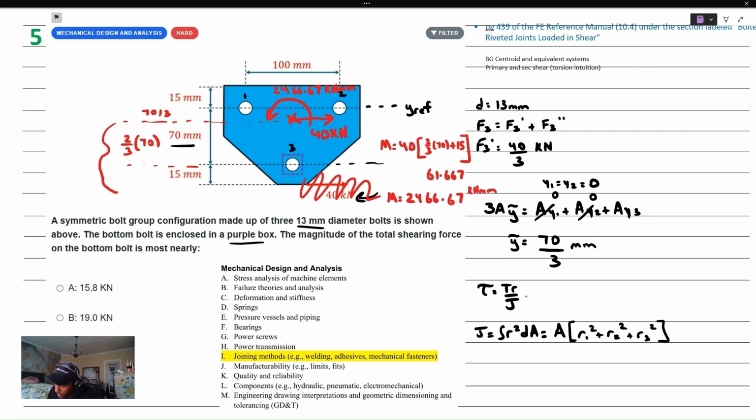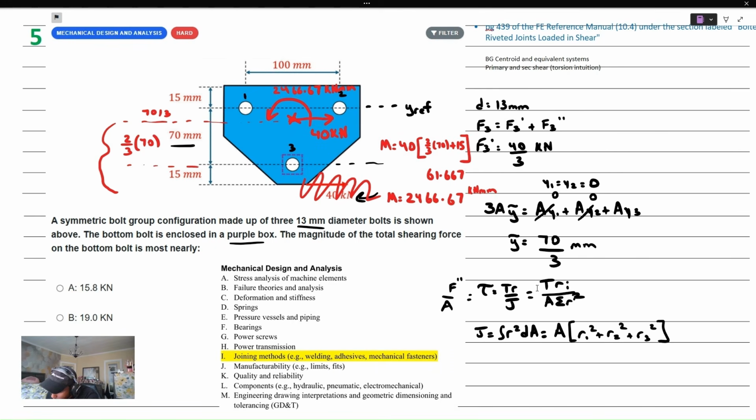So if we wanted to write the shearing stress as a secondary force divided by an area, on the right hand side we would have the torque multiplied by the radius to that specific bolt divided by essentially area times the summation of r squared.